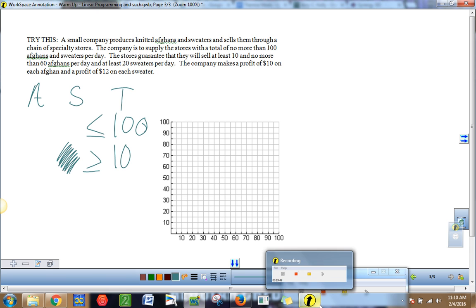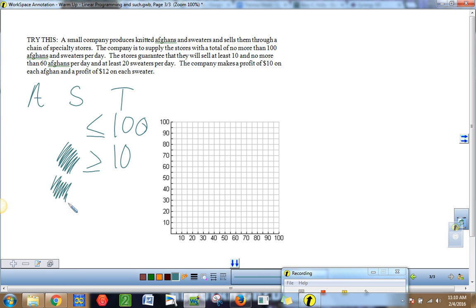This one's only talking about Afghans. And then it says no more than 60 Afghans per day. So again, that has nothing to do with sweaters, right? And is this the biggest number or the smallest number? Biggest number, because it's no more than this, right? 60 is the tip top that they're going to hit.